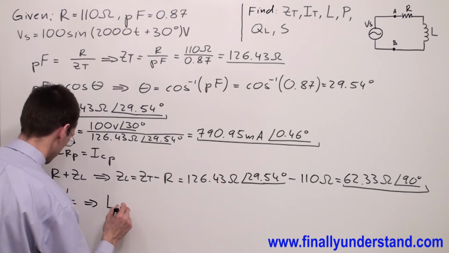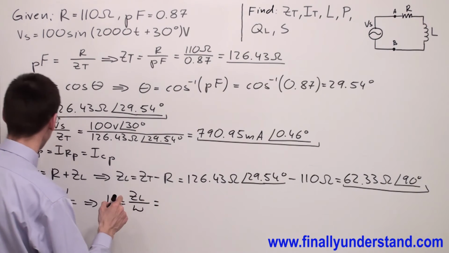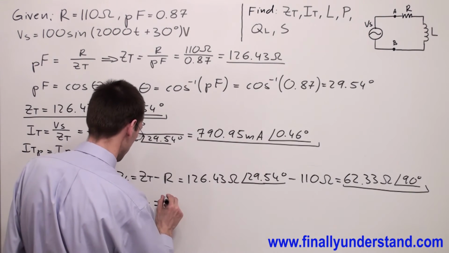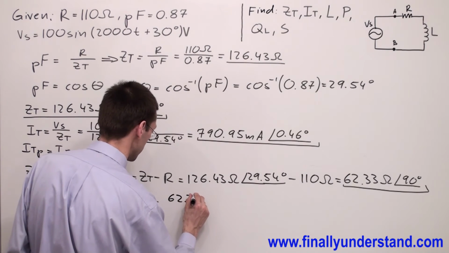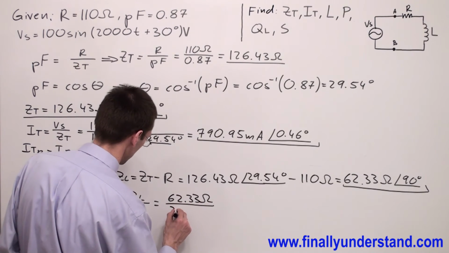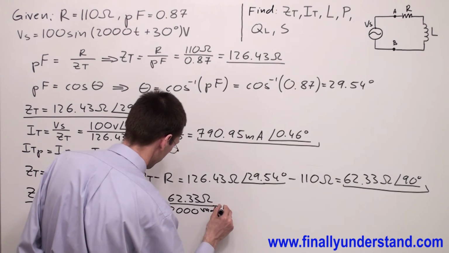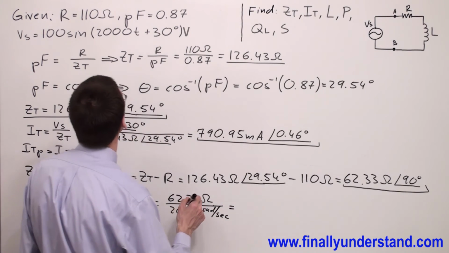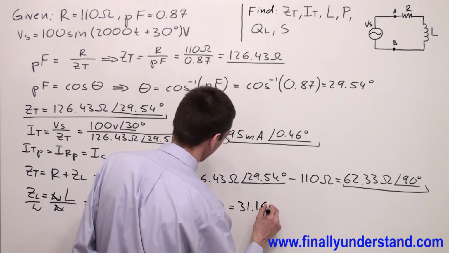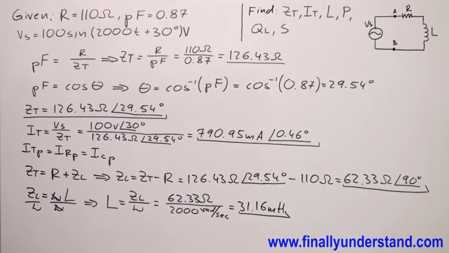So I have inductance is equal ZL over omega, where ZL we found is equal 62.33 ohms over omega, which is equal 2000 radians per second. This is equal 31.16 millihenries. This is the inductance of my inductor.